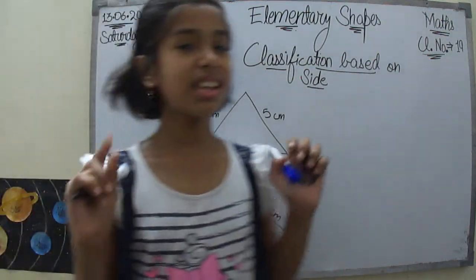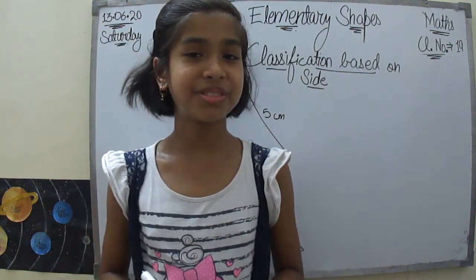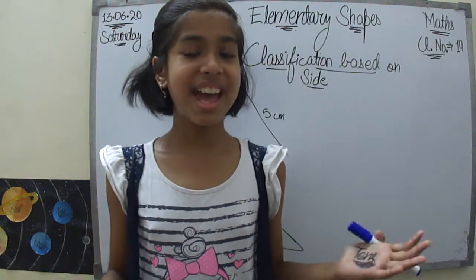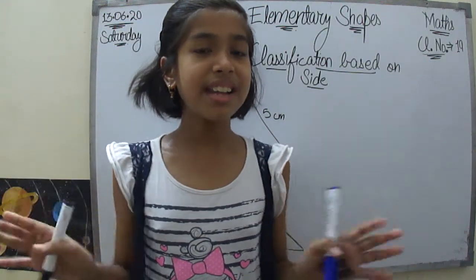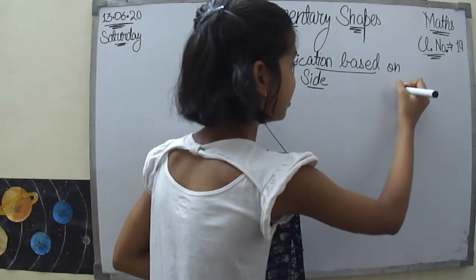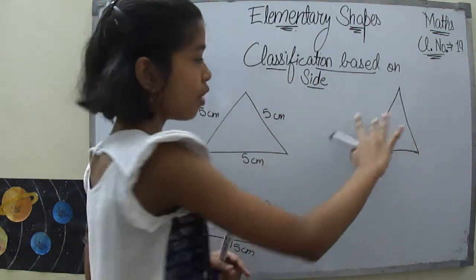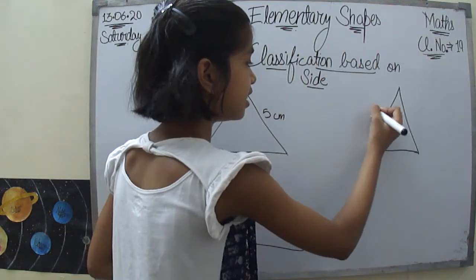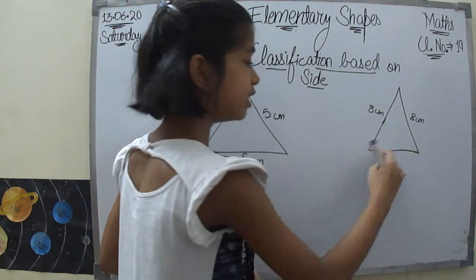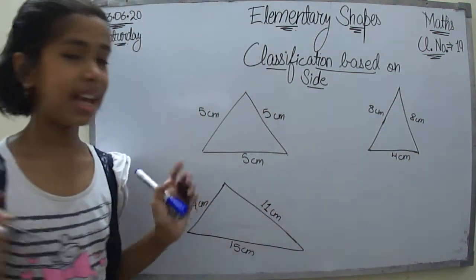Now, the last possibility which could happen, what do you think of? That two lines are similar and the one is not. For example, like this one. Let's suppose the length of these two lines is 8 centimeter, and this one over here is 4 centimeter. Like this.